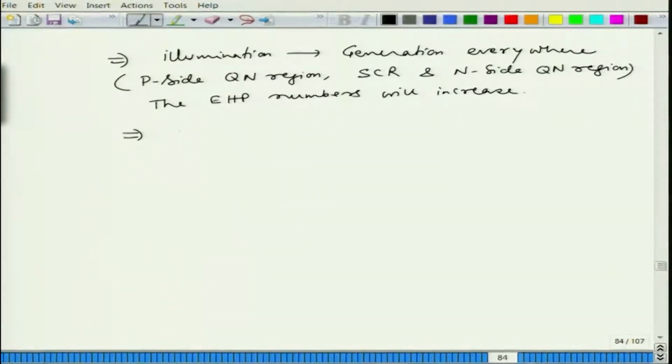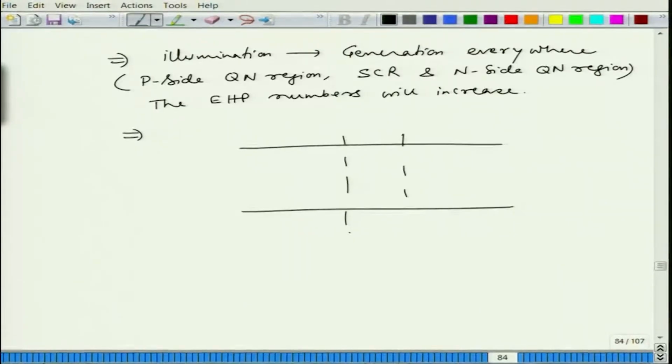you think of this. Let me draw it with a figure so that you can visualize it easily. This is our standard figure we have used multiple times. This is our SCR, space charge region, this is our p side quasi neutral region, QNR, and this is the n side QNR.